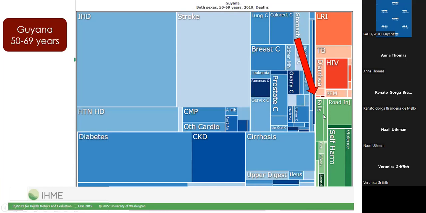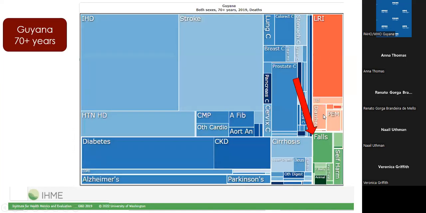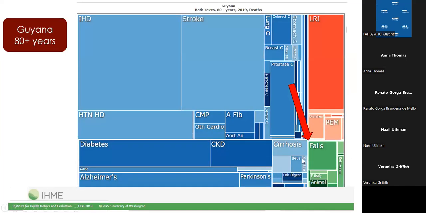And the risk increases with age, as you can see here, for older adults aged 80 years or older. This is a major problem that must be addressed.